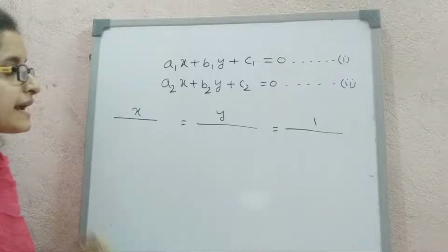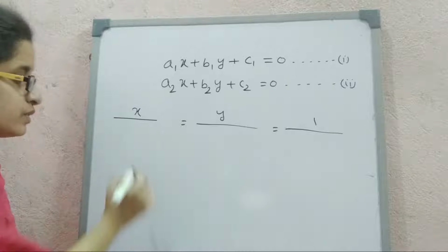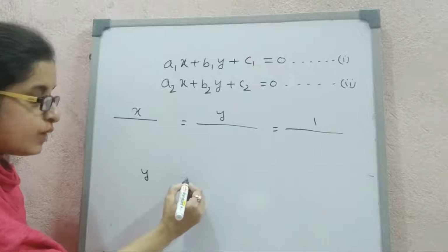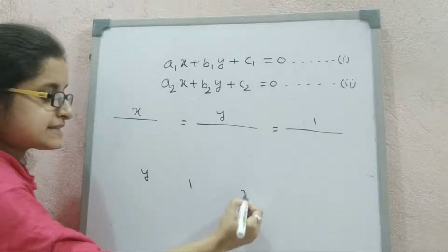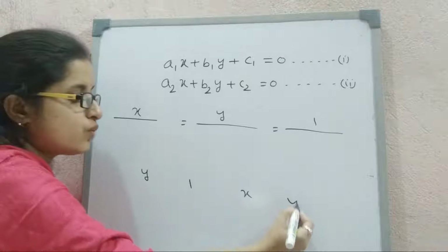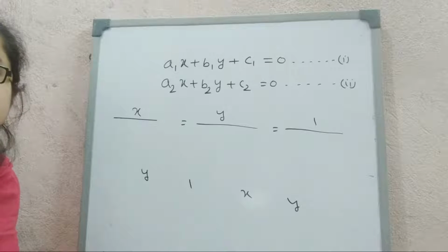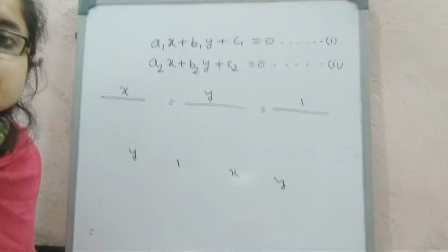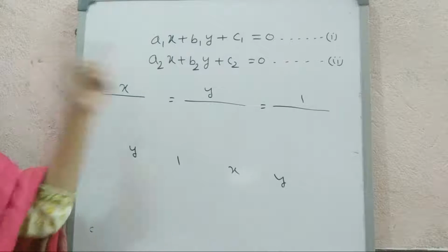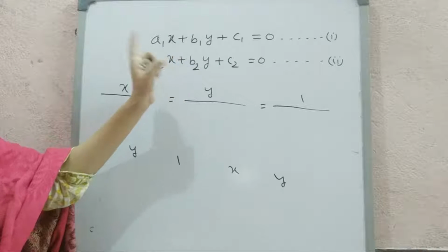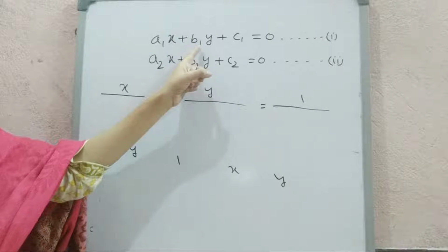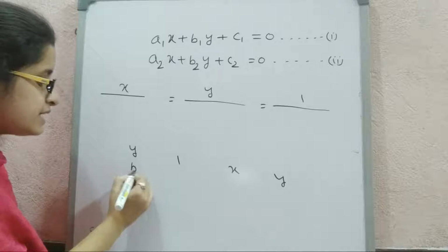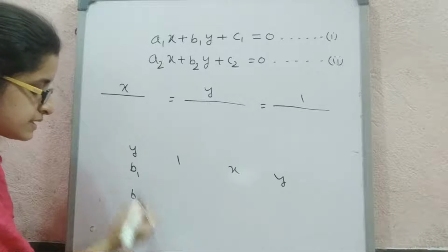First write x and y and 1. The coefficients of y are b1 and b2, so I have to write b1 and b2.